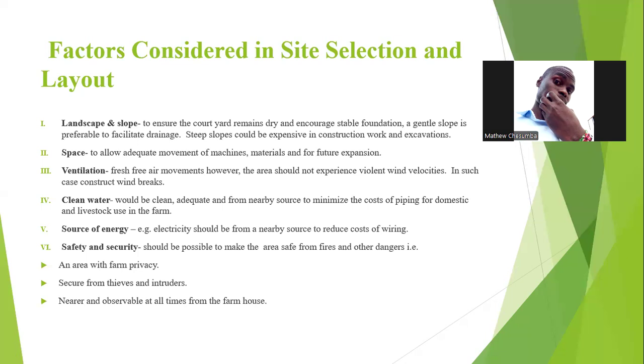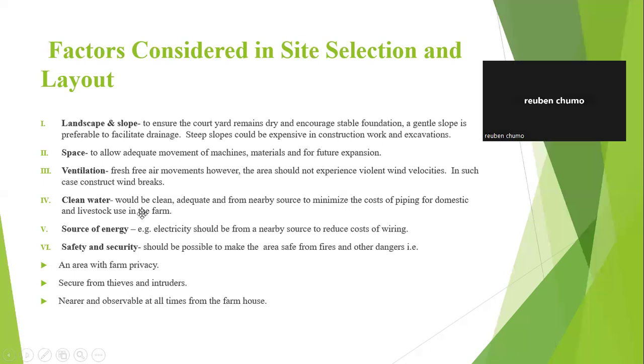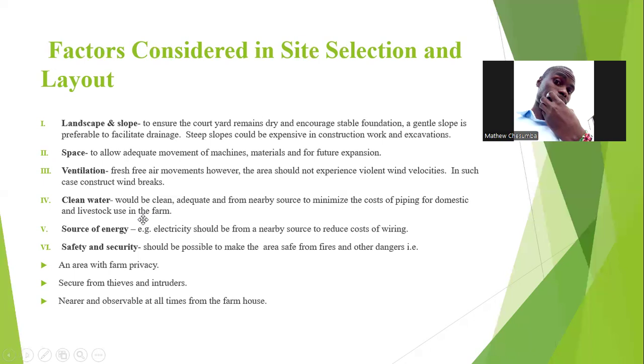Yes, landscape and slope. This is to ensure that the yard remains dry. We should look at the topography of the land, so that when you build a foundation it will be stable, on a gentle slope so that drainage can flow easily.